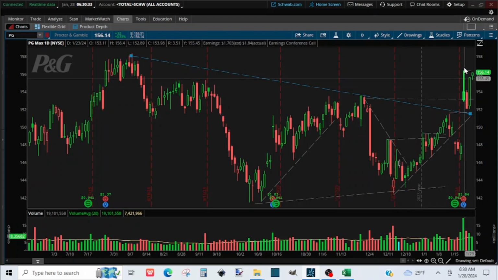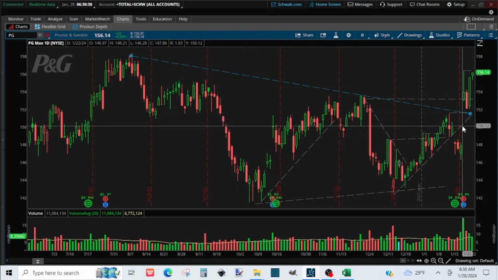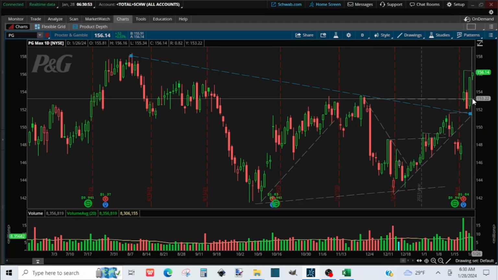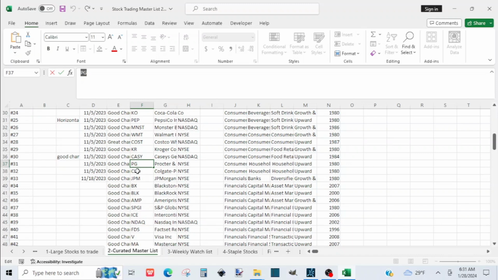It went up, sat on a previous resistance line close to the uptrend line and the downtrend line. From there it went up, and it needs to come back down to use this resistance line as a support, and when it starts going up, you'll be able to buy it. I don't know if you'll be able to do all of that during the week, therefore I'm not adding it to my watch list.